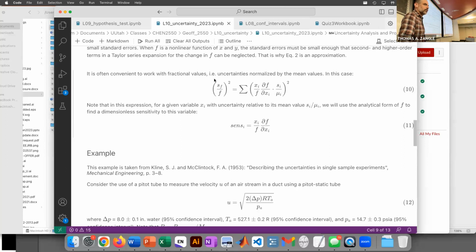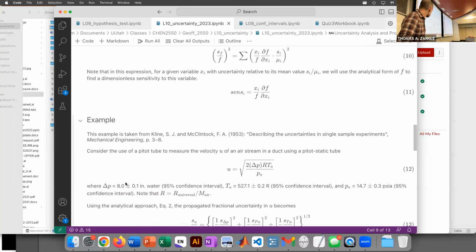Okay. So again, we're basically just trying to find the coefficient that we're multiplying our fractional uncertainty by. An advantage of doing this is, in this example, we're given all kinds of crazy units, right?